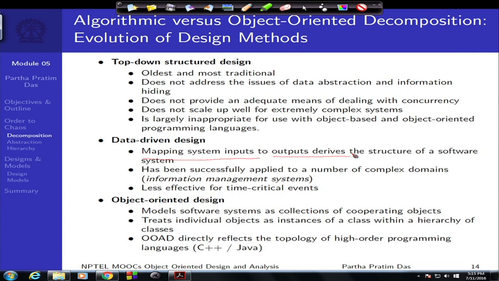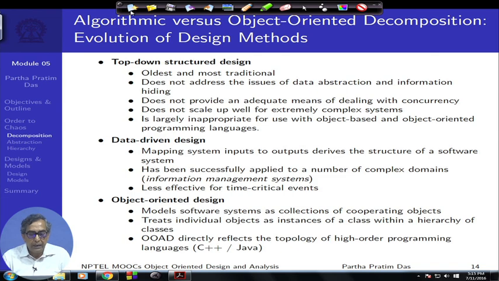But naturally they are not very effective for time critical systems. Just to give you a glimpse, a data driven design would still be workable today for, say, a railway reservation, where though you have time bounds, there is not much time criticality. But a data driven design method would be disastrous if you are designing the braking system of a car, which has very critical time constraints and very complex processes to follow to honor those time constraints.